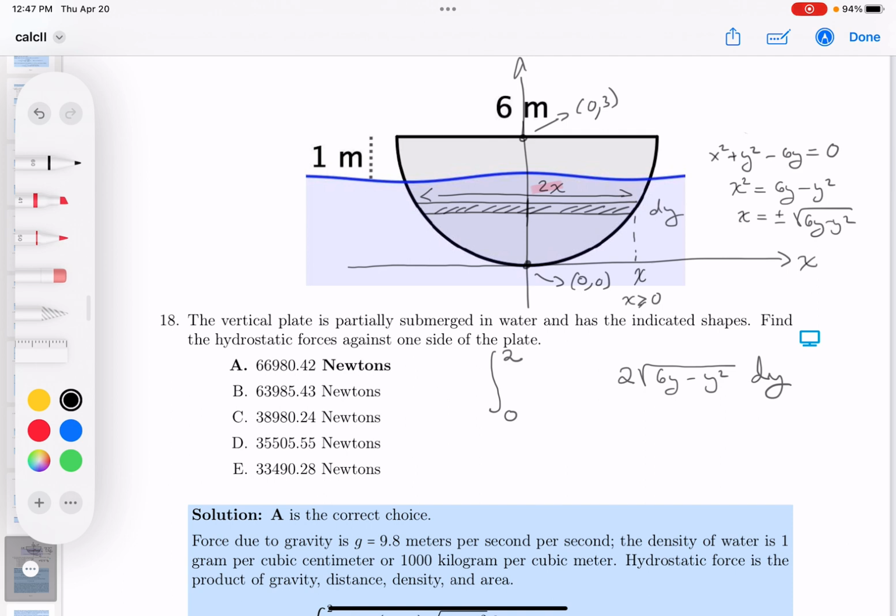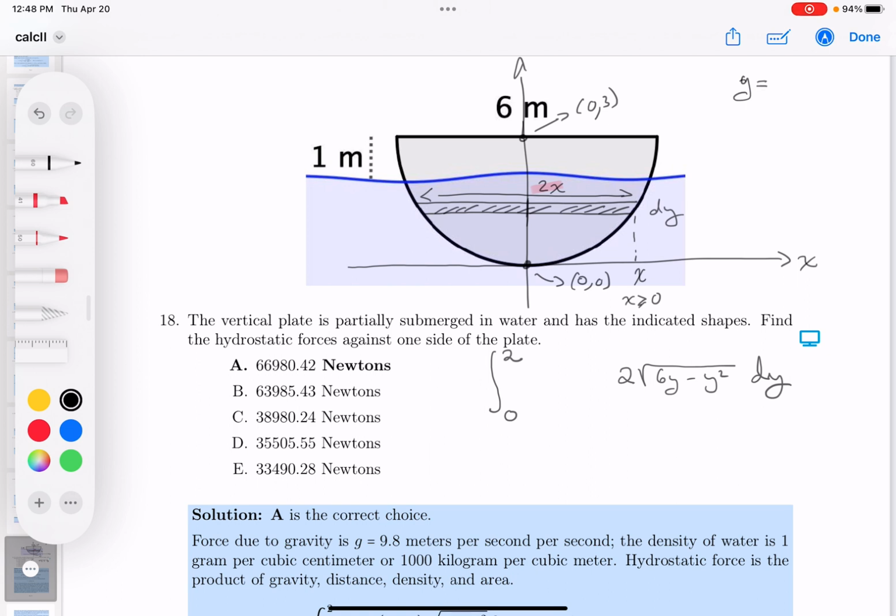I can get my eraser out. And I want to just talk about what's causing the pressure over here. It certainly has to do with distance, but it also has to do with the water and the gravity. So let me write these things down for you. I'm going to write gravity, and they're in meters, so it's an MKS system.